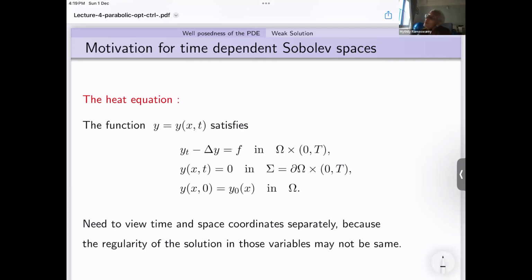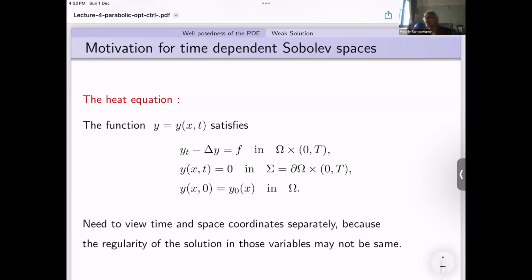So it may not be very optimal to work with L2 of Omega cross (0,T); we would like to separate the variables and discuss the regularity in each variable separately, because the regularity of the solution in x and t may not be the same: in t only one derivative appears, while in x two derivatives appear. So for example, for classical solutions, I'll demand C1 in time and C2 in space.